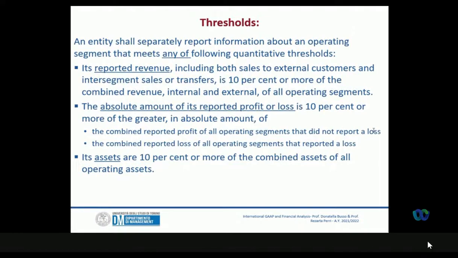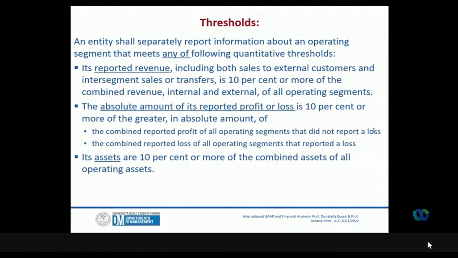But I'm the manager, and I want to assess the performance of this servicing division. What will I do? I will take into account its expenditure, and I will consider as revenue the value of the work that this division has performed for plants or factories.